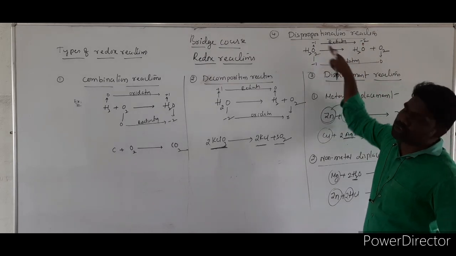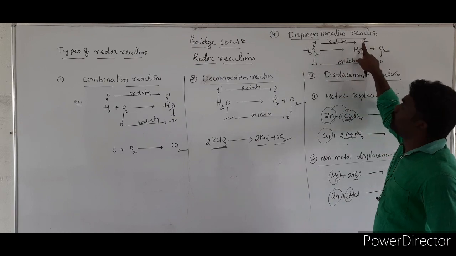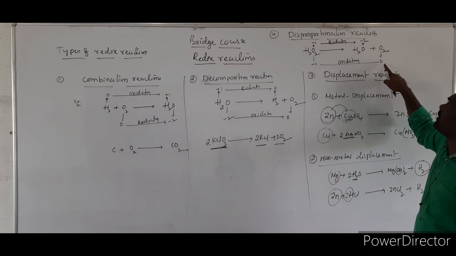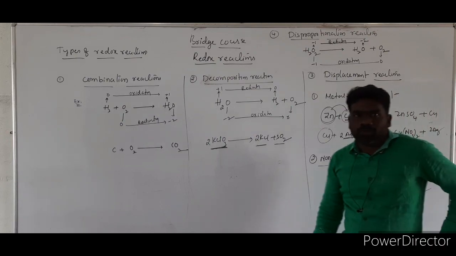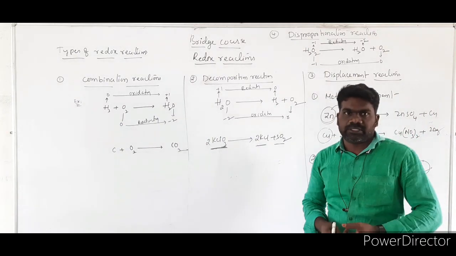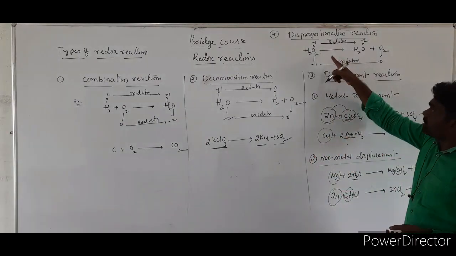Original reactant oxidation number is -1. One product is lower, -2. One product is higher, 0. So one compound undergoes a redox reaction, simultaneously splitting.